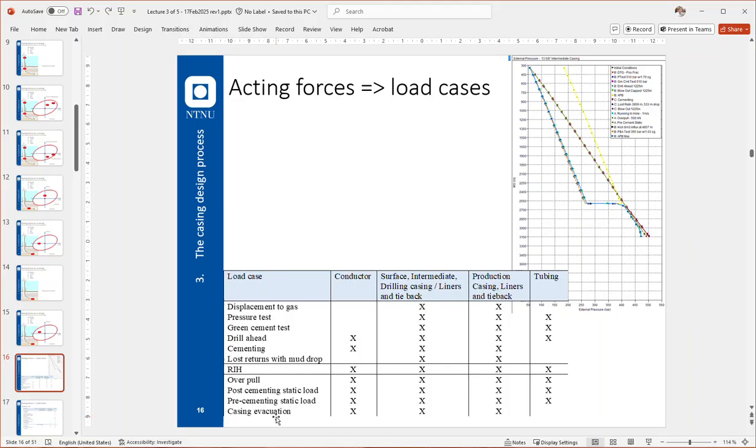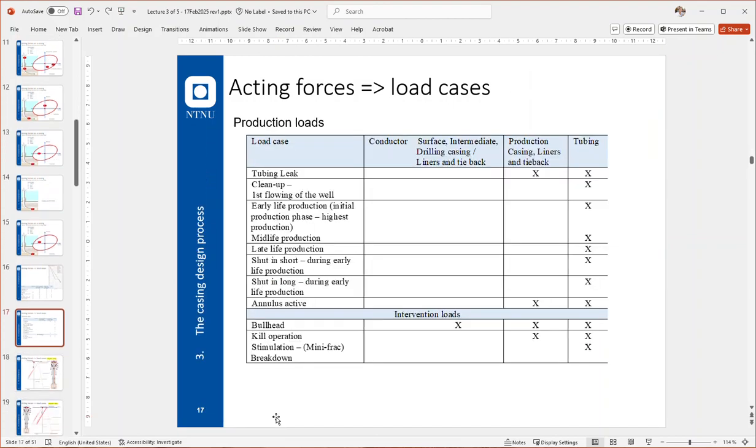In many cases, these are more lenient than what we call the production load cases. And they are here. The production load cases typically determine what type of weights will be used, and the grades, what yield we are going for in our casing strings.